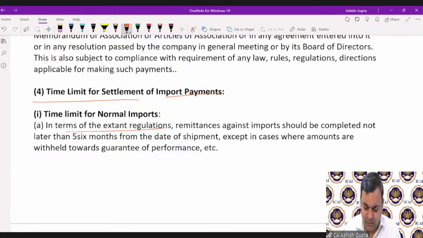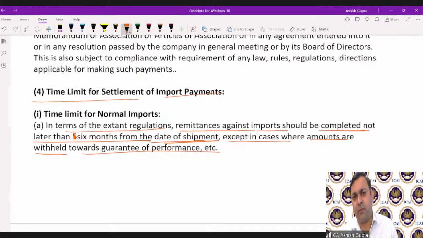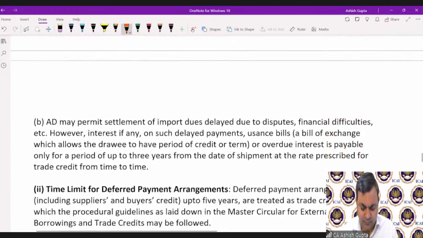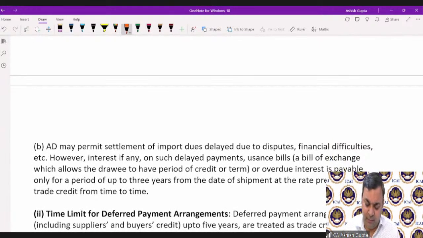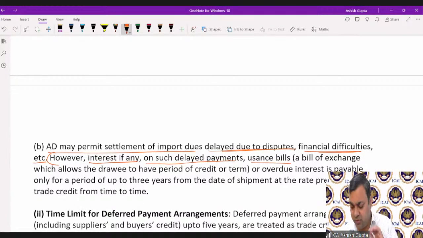In terms of extant regulations, remittance against import should be completed not later than 6 months from the date of shipment, except in cases where amounts are withheld towards guarantee of performance, etc. AD may permit settlement of import dues delayed due to disputes, financial difficulty, etc. However, interest, if any, on such delayed payment, usance bill, bill of exchange, maximum you can pay up to 3 years. More than that amount is not allowed, right?